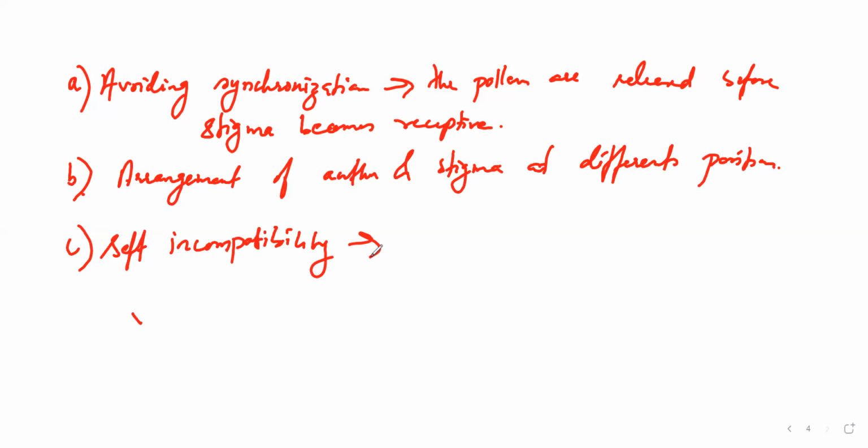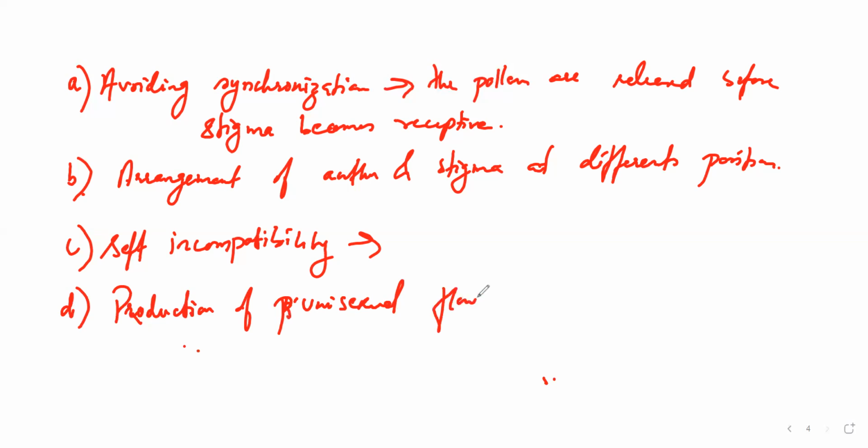So all of that is self-incompatibility. And the fourth one is the production of unisexual flowers. Unisexual flowers means only one, either male or female, will be present in that particular flower, not both. So if these things are taken care of, the depression in plants which may happen due to self-pollination can be avoided, and you can proceed with cross-pollination.